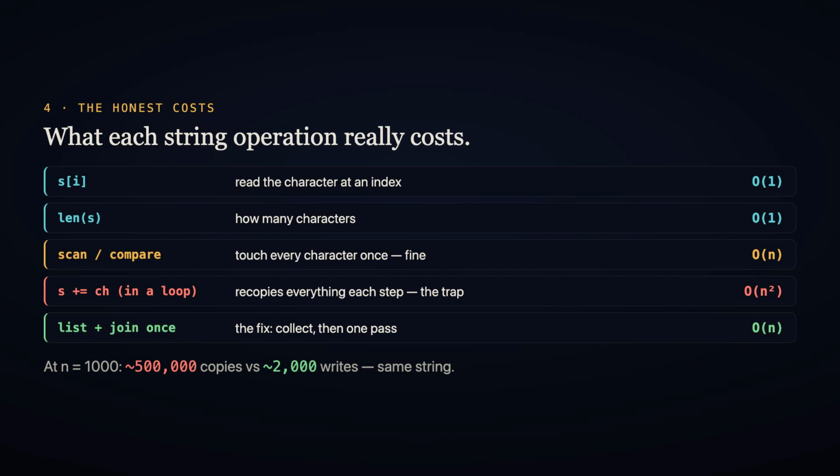The one to watch is gluing strings together inside a loop with plus equals. That's the n squared trap. Building with a list and a single join at the end brings it back to O of n. At 1,000 characters, that's the difference between 500,000 copies and a couple thousand. Same output, wildly different speed.